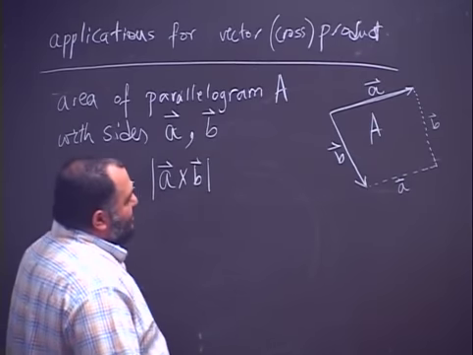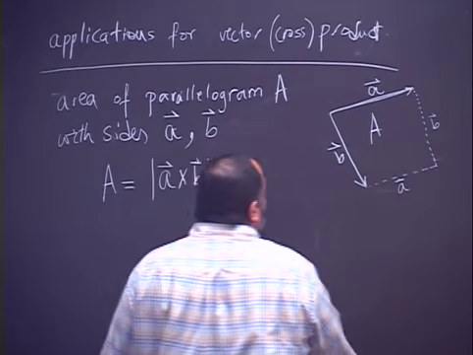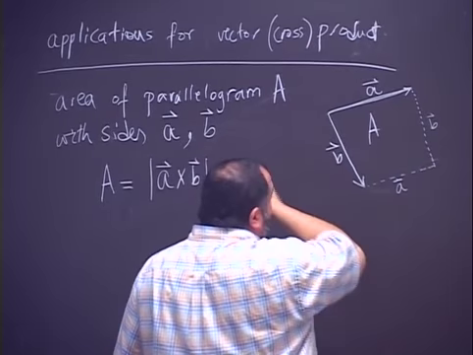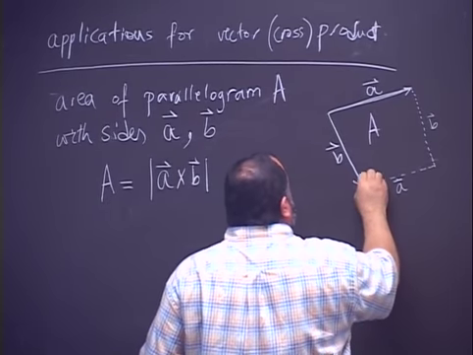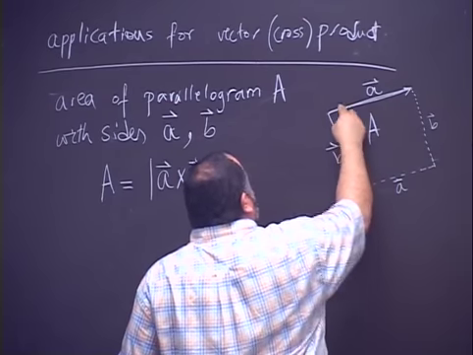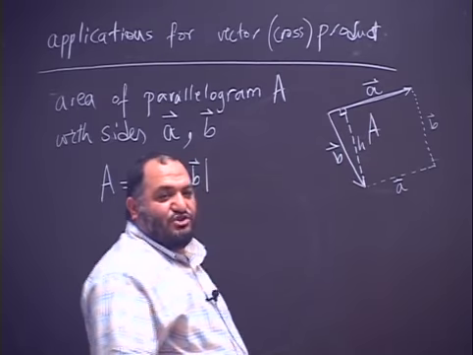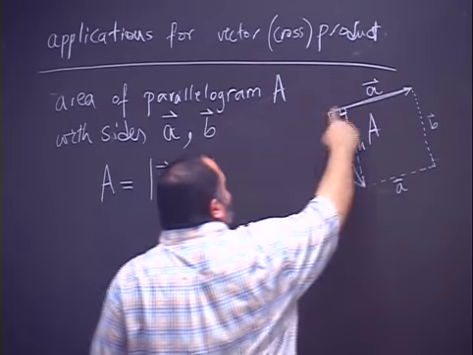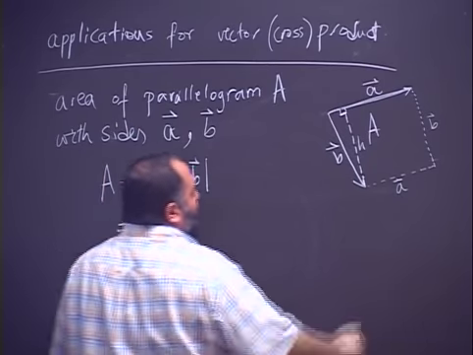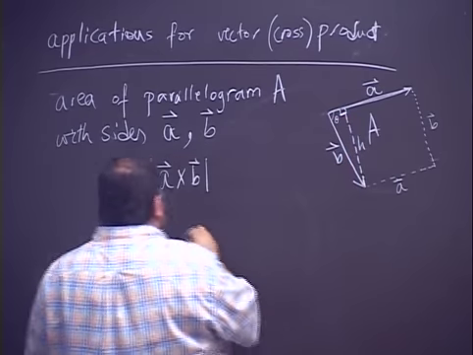Why? Because let's assume that this is not a perfect square, so let's say that it is a parallelogram. If you want to calculate the area, it will be just the base multiplied by the elevation, which is in this case h. So the base is A, and the elevation is h.